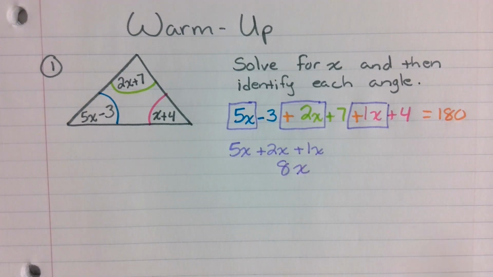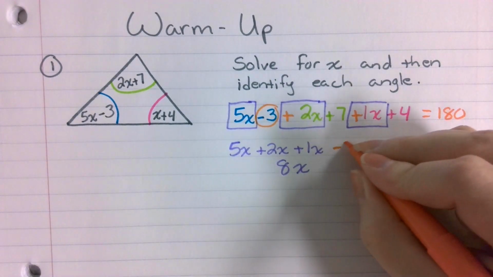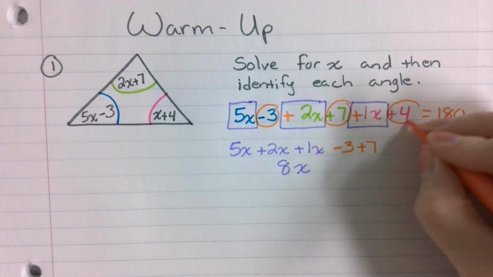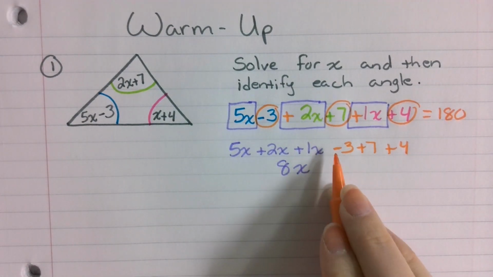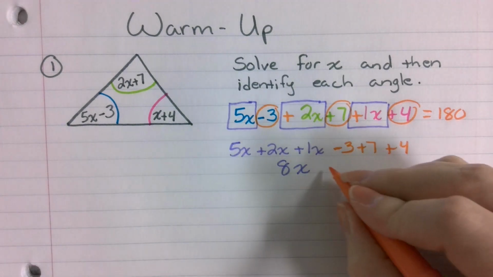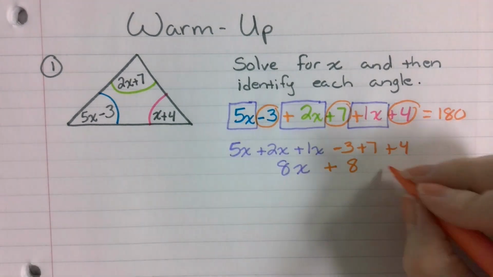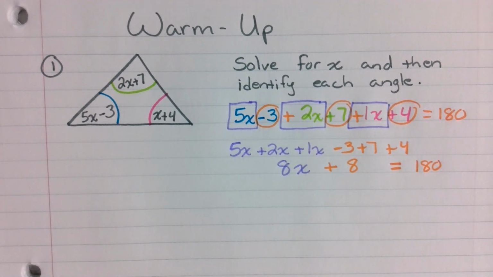Okay, then I also have my constants. I have a negative 3, a positive 7, and a positive 4. When I combine these together, negative 3 plus 7 plus 4, it's going to give me a positive 8. So I have 8x plus 8, and that's all still equal to 180. And then I can go ahead and solve.